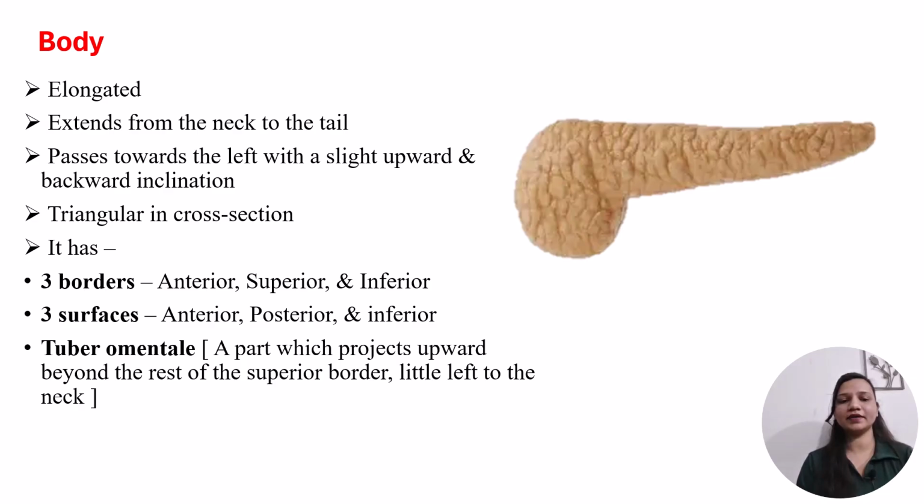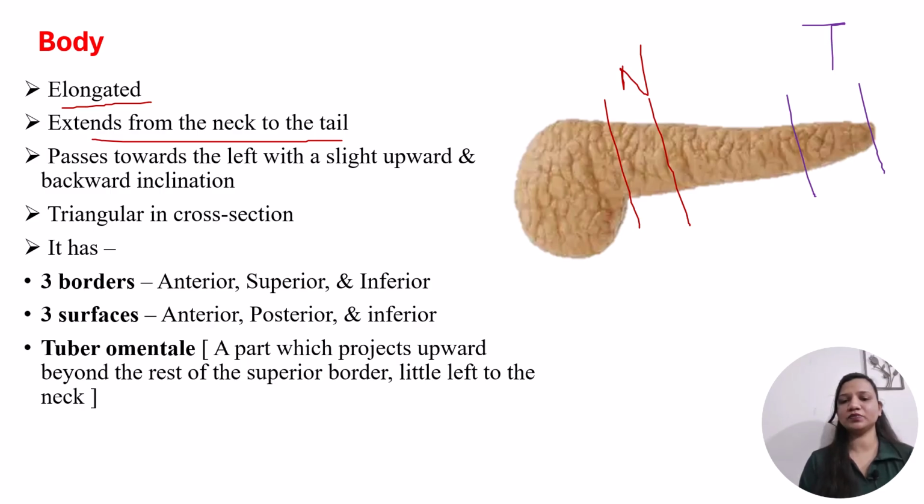Moving next, we will see the body of pancreas. Body of pancreas is actually an elongated part. It extends from the neck to the tail. We have seen that this portion is the neck of pancreas, this portion is the tail of pancreas, and the portion which is present in between these two parts is the body of pancreas.